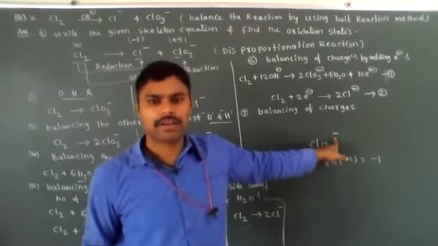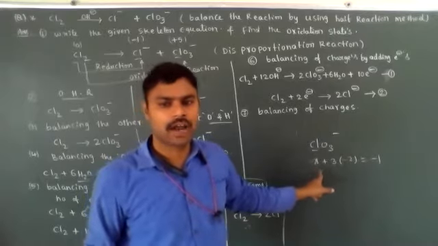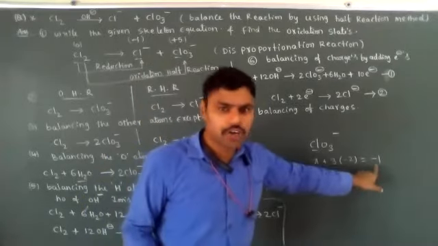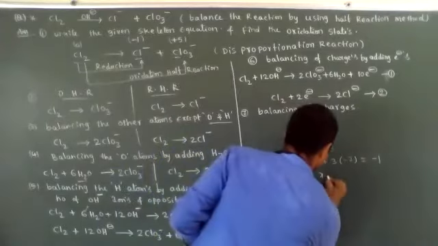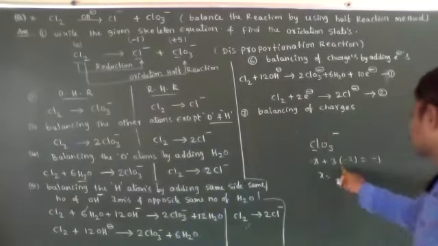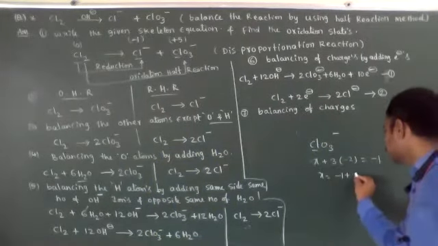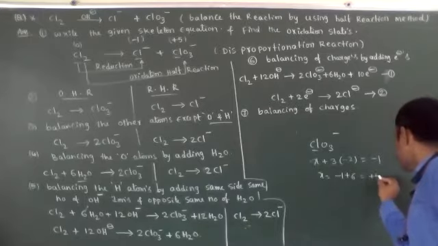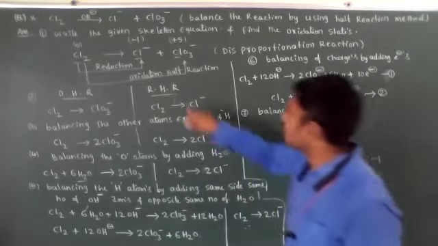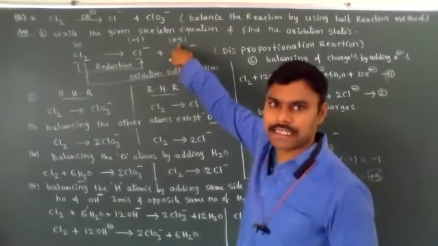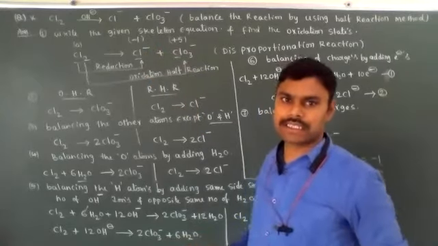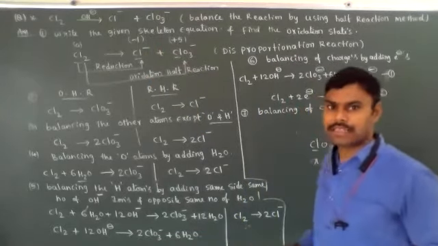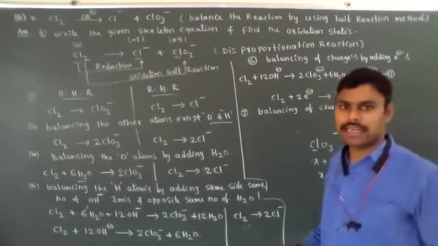In polyatomic ions, the sum of the oxidation states of all atoms is equal to its charge. That's why it is equal to minus 1. Then X is equal to 6 minus 1, which is plus 5. That's why the oxidation state I wrote here is plus 5. Now identification of oxidation states of the central atoms in the given equation is clear.